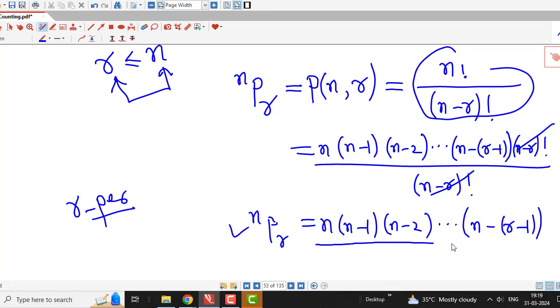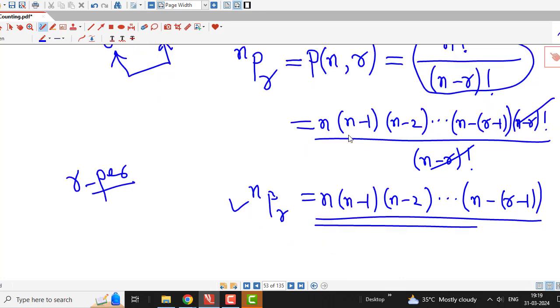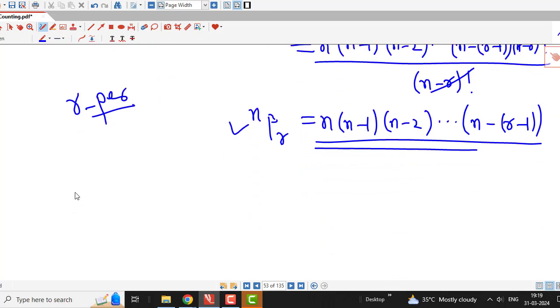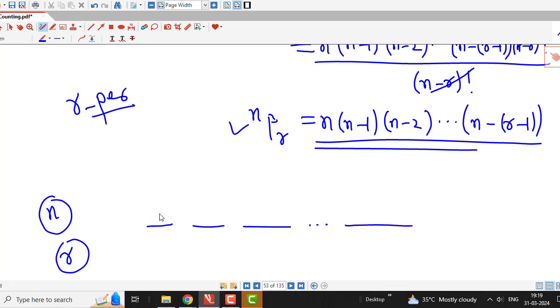You can see this is from the product rule. Suppose I am interested in the arrangement of n objects taken r at a time. So I have to decide r positions, 1, 2, 3 and so on up to, say, the rth position. So for the first position I have n possibilities. For the second position I have n minus 1 possibilities because repetition is not allowed. For the third position I will have n minus 2 possibilities.